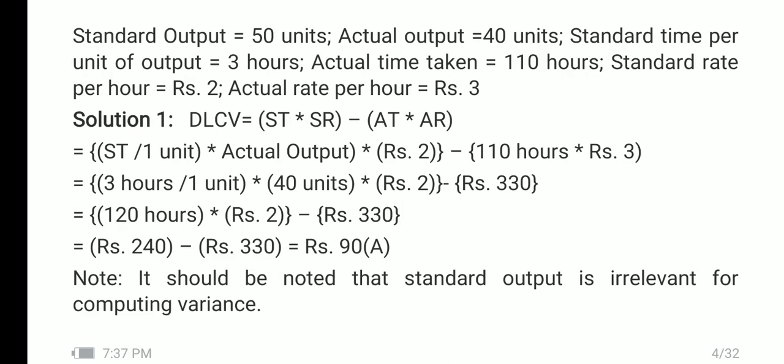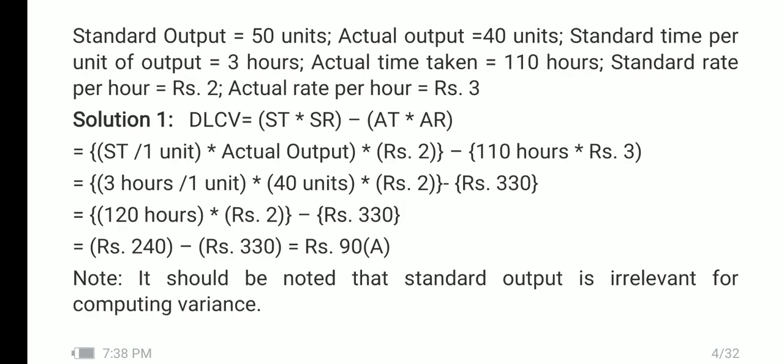That is equal to, therefore, 3 hours by 1 unit, as already said earlier. 3 hours by 1 unit will give us the standard hours into 40 units, that is actual output, will give us 120 hours, that is the standard time for actual output produced. And when it is multiplied with rupees 2, that is standard wage rate, will give us rupees 240, and actual wage is rupees 330.